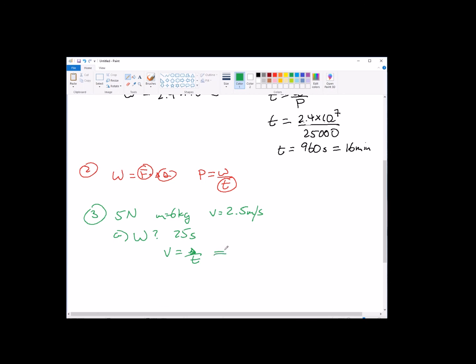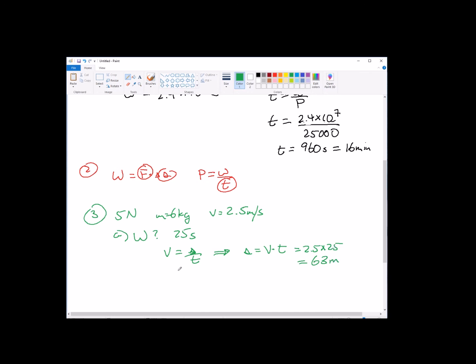Therefore, we can rearrange that to be displacement is equal to velocity times time. So if the velocity is 2.5 and the time is 25, we get our displacement of 63 meters. Right, 2.5 meters per second times 25 seconds is 63 meters.